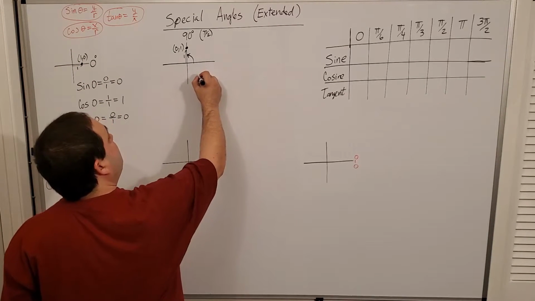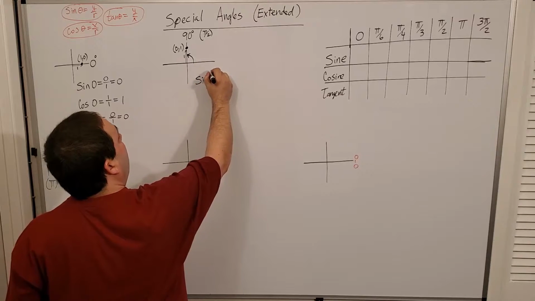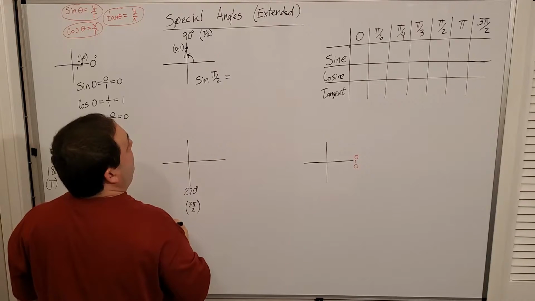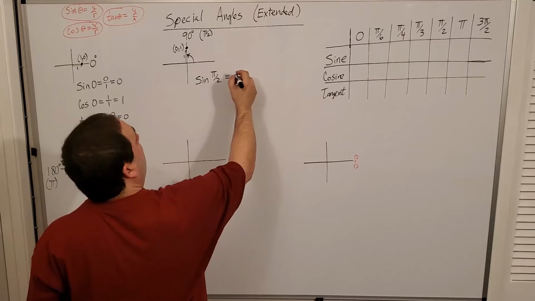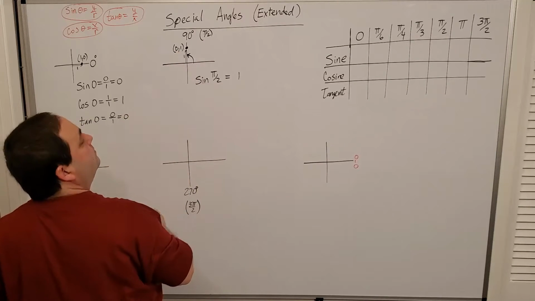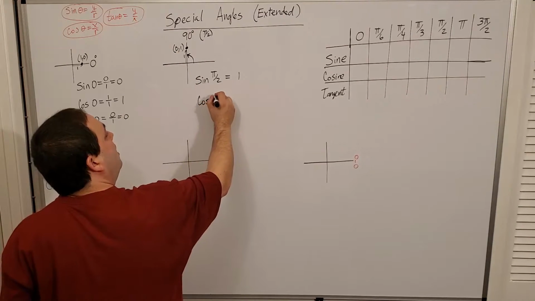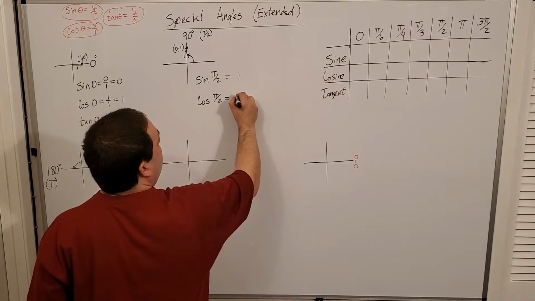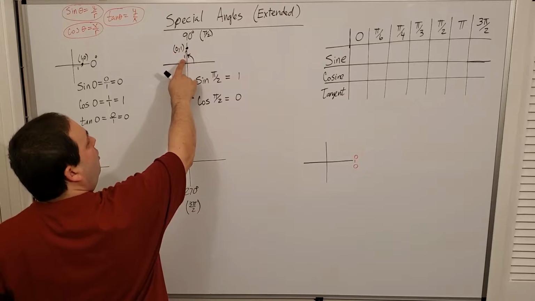So the sine of pi over 2, which is the sine of 90 degrees also, is equal to 1, because that's y over r, 1 over 1. The cosine of pi over 2 is then equal to 0, because it would be x over r, 0 over 1.